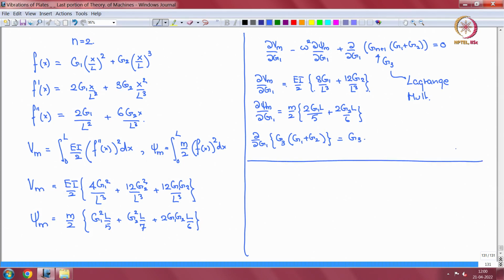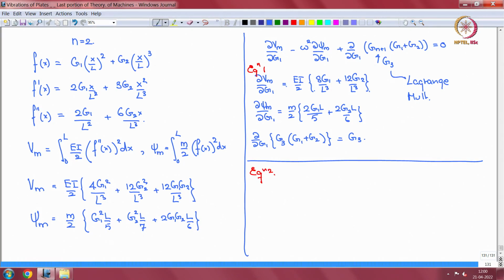Then equation 2. So this is equation 1, terms in equation 1, terms in equation 2. What are those?